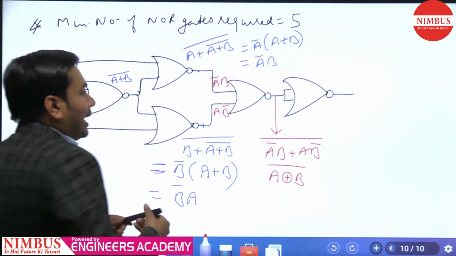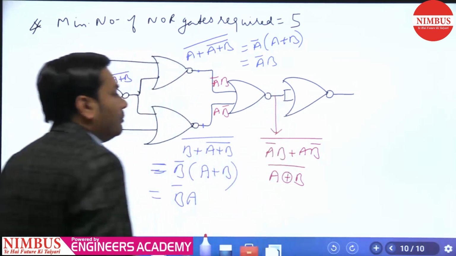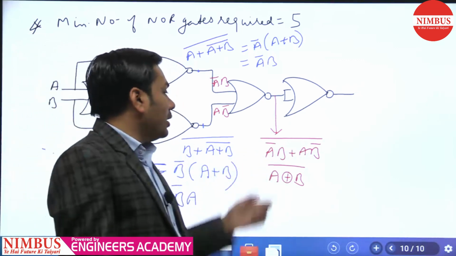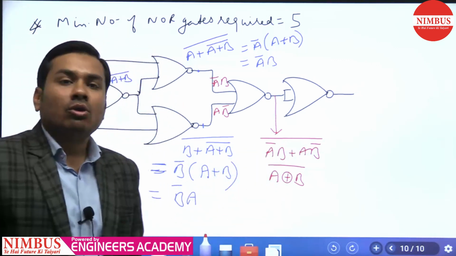So at this point we are having A bar B plus A B bar whole bar, that is your expression of A XOR B whole complement.